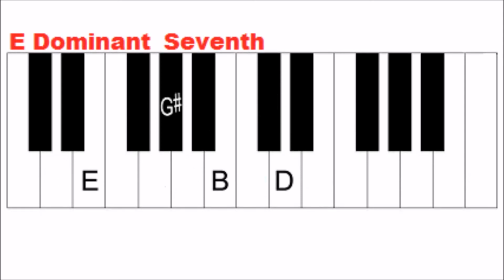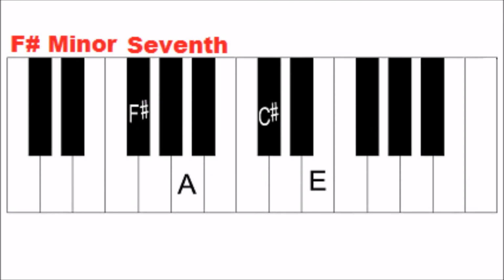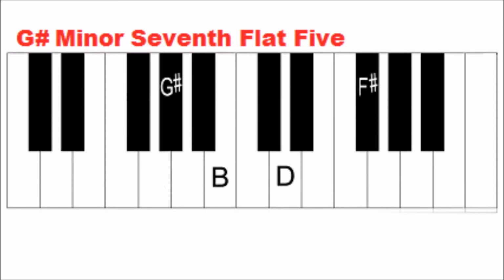The notes of chord 5, E 7th, or E dominant 7th, are E, G sharp, B, D. The notes of chord 6, F sharp minor 7th, are F sharp, A, C sharp, E. And the notes of G sharp minor 7th flat 5, which is chord 7, are G sharp, B, D, F sharp.